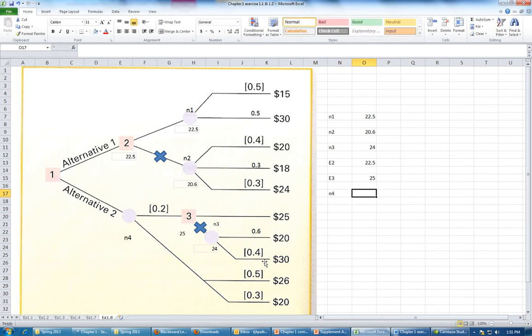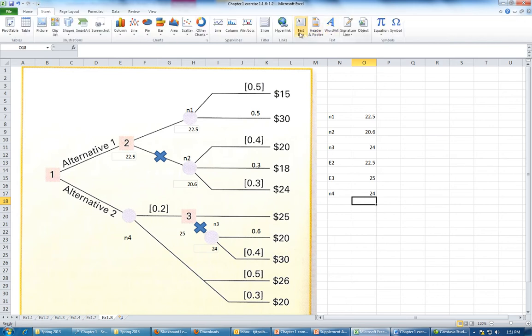On node 4 you can see that it includes three events, which is 0.2 times 25 from the decision on event 3, plus 0.5 times 26, plus 0.3 times 20. So node number 4 has the outcome of 24. So we're going to put the outcome right next to it.